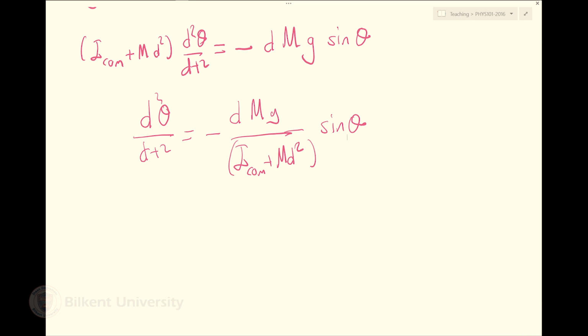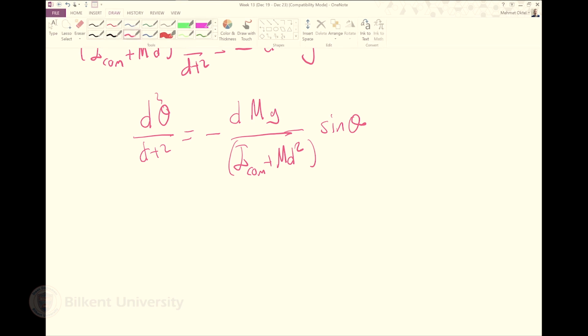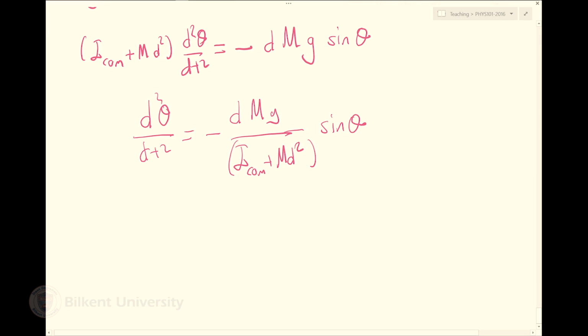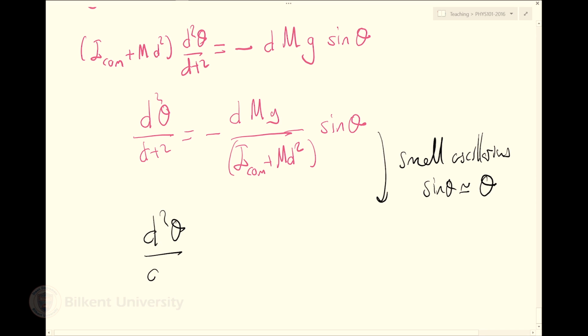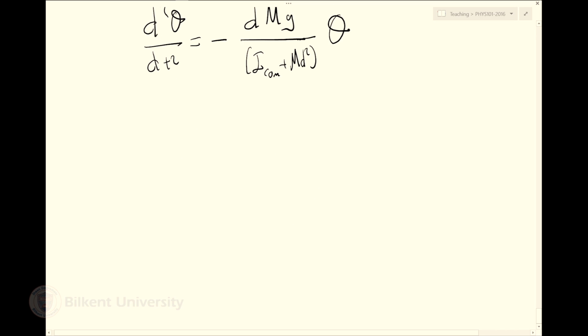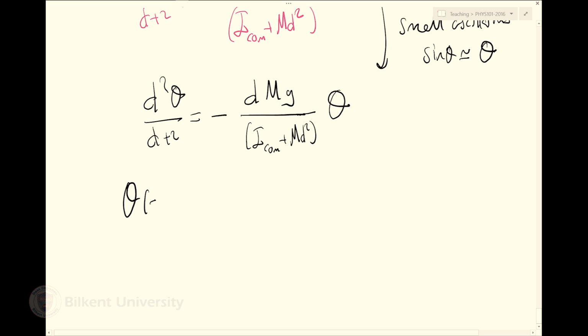Once again, that's not a differential equation I can solve, but for small oscillations, sine theta will always be almost theta, so d squared theta dt squared is minus d mg divided by I center of mass plus d squared times theta. And now that's a differential equation I know how to solve.